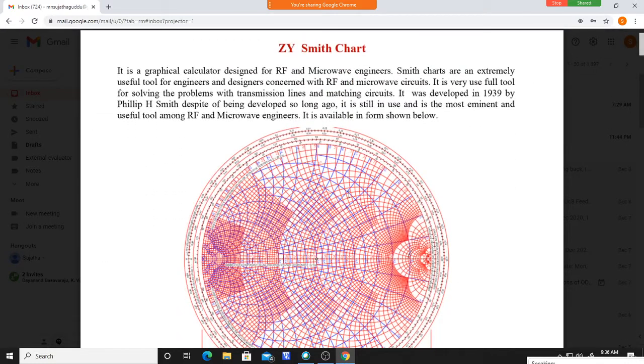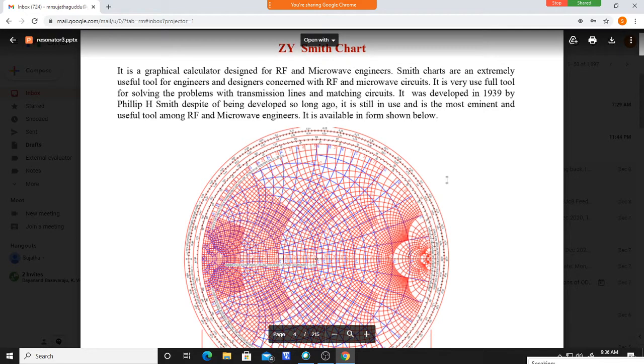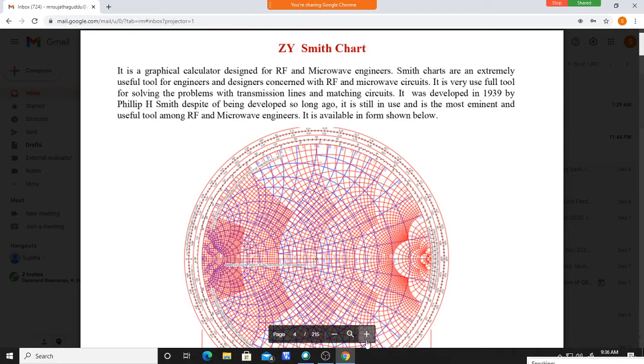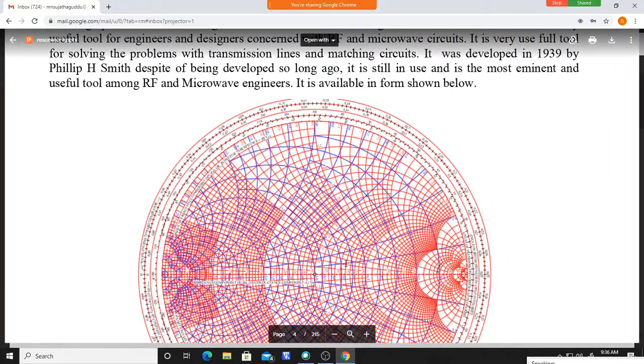In the impedance matching network, we are using the ZY Smith chart. I have told a lot about the ZY Smith chart in the TLW course, so this is just a reminder.